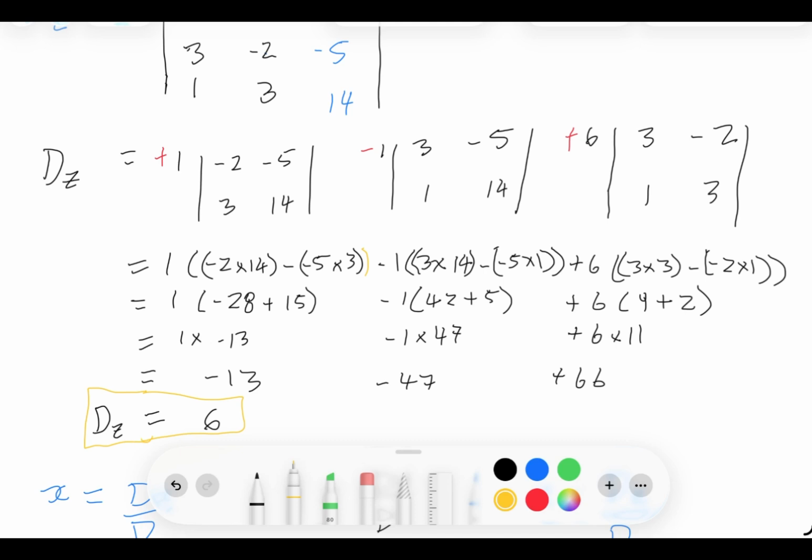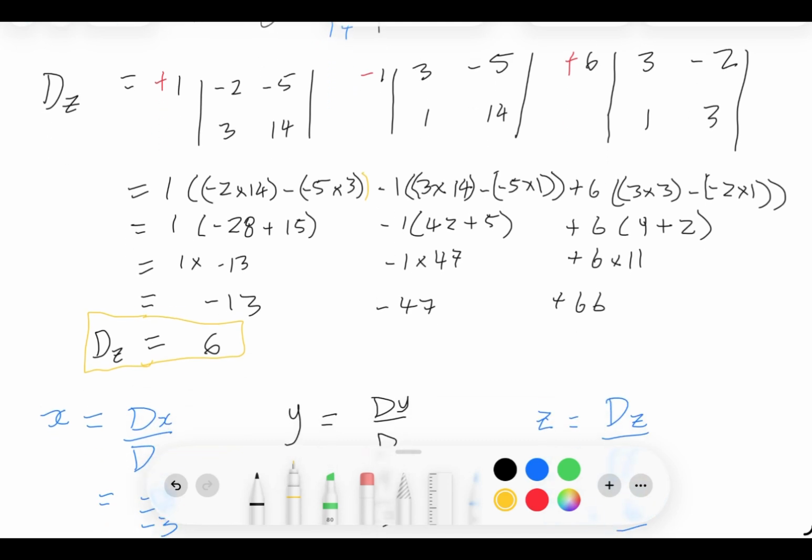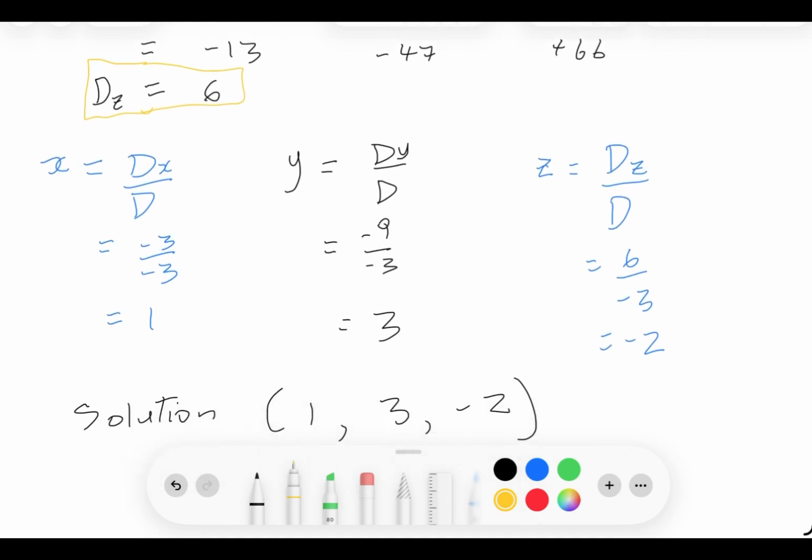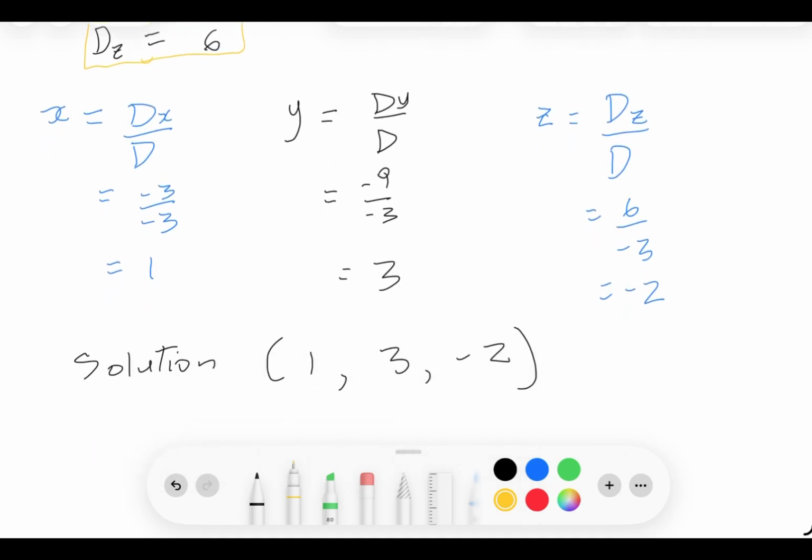All right. Now we want to calculate numerical values for x, y, and z. On the formula, x is equal to dx over d. That's going to be equal to -3 over -3. So that's equal to +1. y is equal to dy over d. So that's equal to -9 over -3.